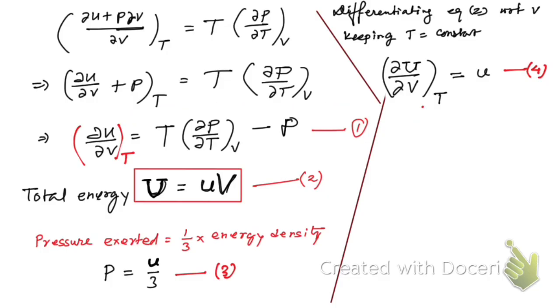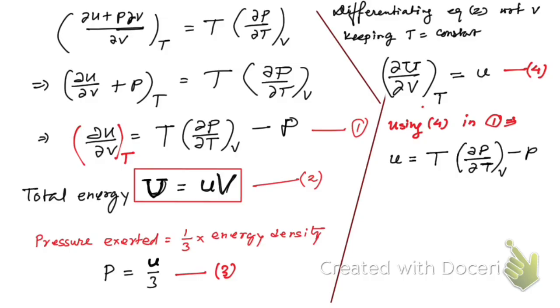Then using 4 in 1, we have small u equal to temperature T into del P by del T at volume V, minus P. That's what we're going to get, right?